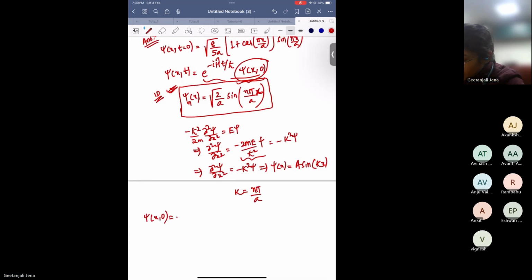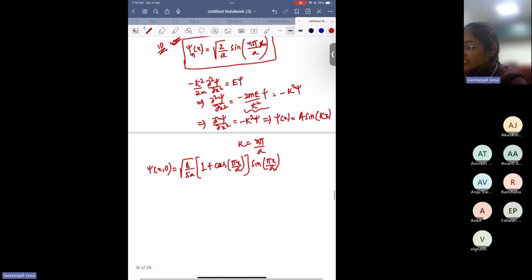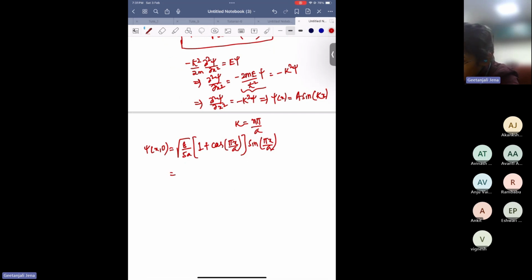It is given as root over of 8 by 5a, times 1 plus cos pi x by a, and sin pi x by a. So you have to express it in terms of the normalized form of the wave function. You can write it as the first term, sin pi x by a, and the other term is root over of 8 by 5a cos pi x by a and sin pi x by a.